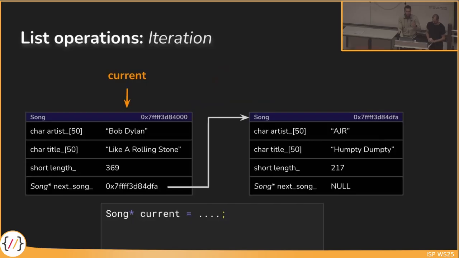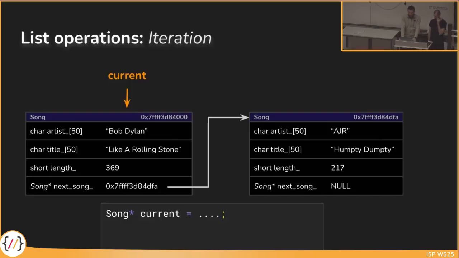Similar to what we have seen in the practicals. So we start with not the root, but the head in this case. We call the first song head, which is the start of our playlist. And then we always have a current pointer that we set one further to the next and so on.